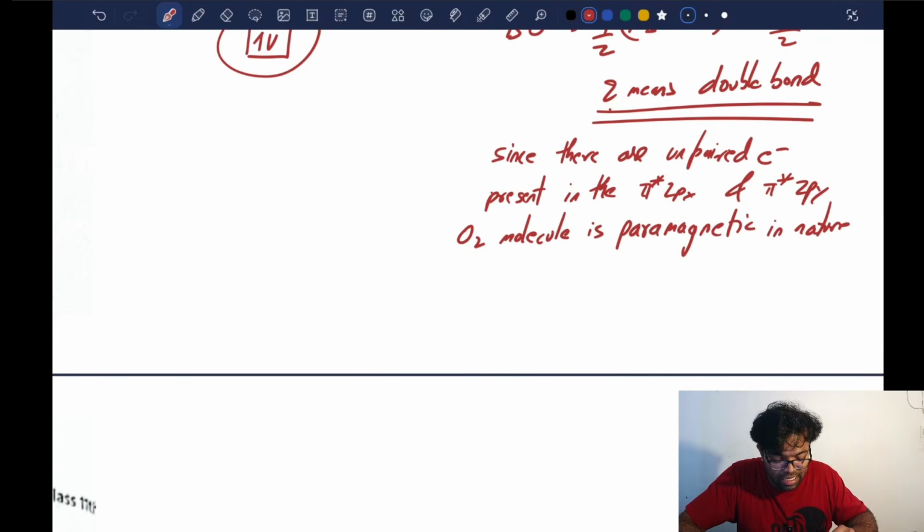So it means that if you place it in a magnetic field, it will get slightly magnetized and get stuck to the magnet.